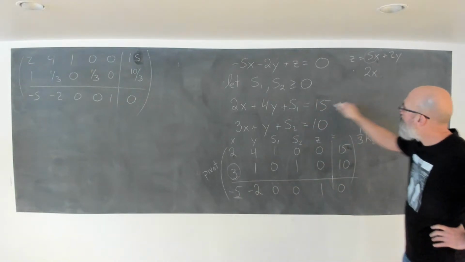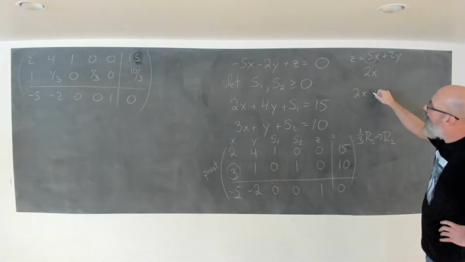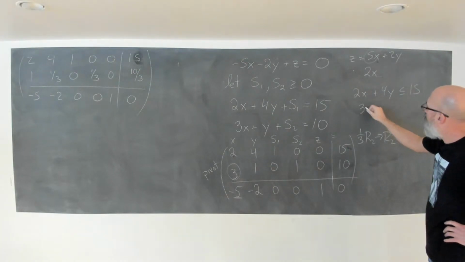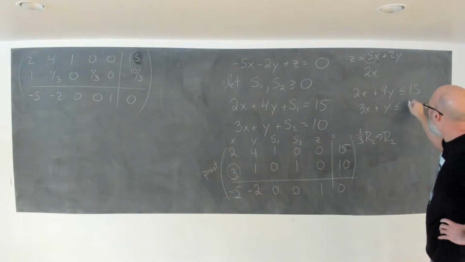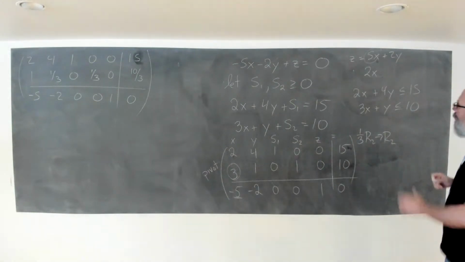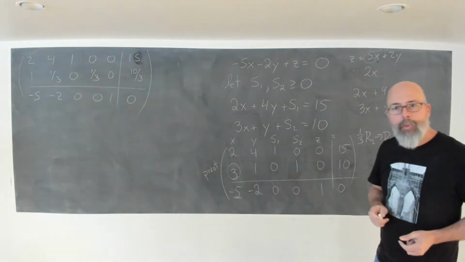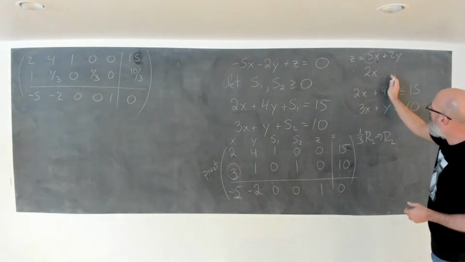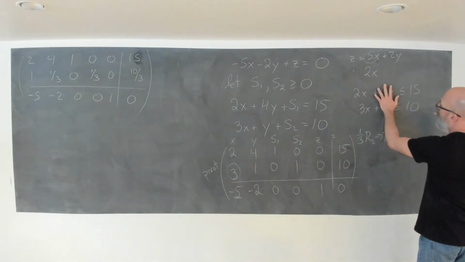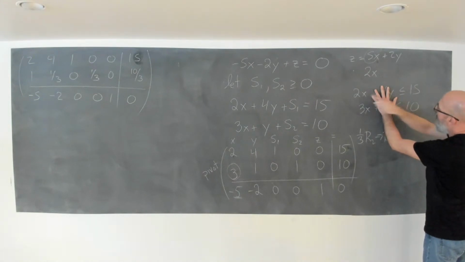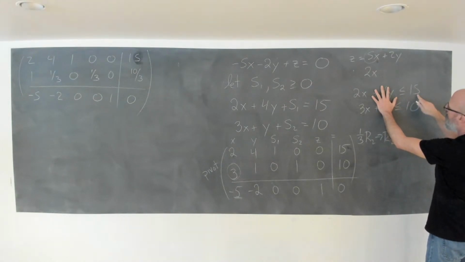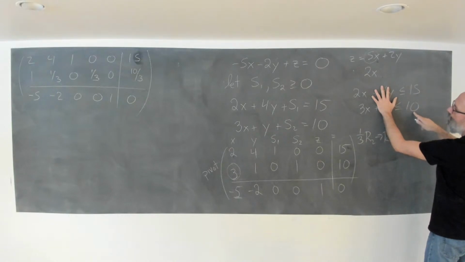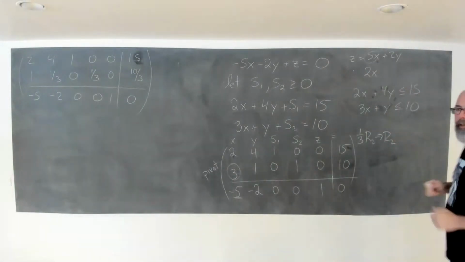Then we had two inequalities, 2x plus 4y less than or equal to 15, or 3x plus y less than or equal to 10. How large can x be? Well, since y is bigger than or equal to 0, if you just remove these, x has to be less than 7.5, and x has to be less than 3.33.